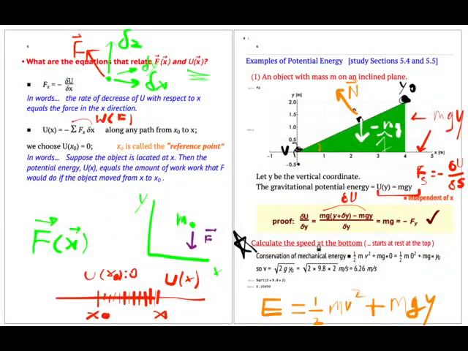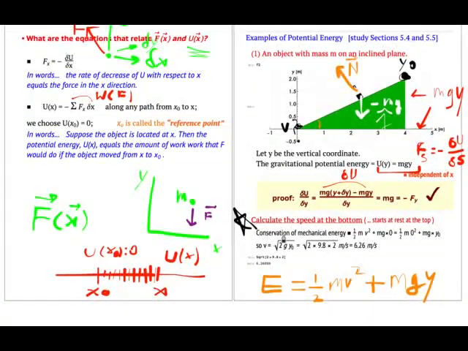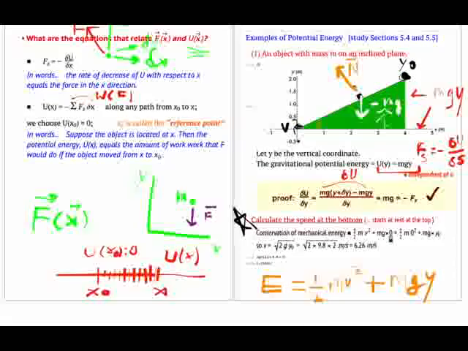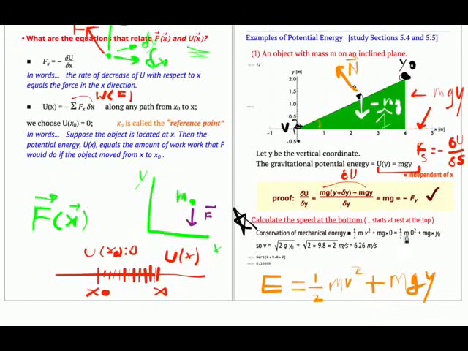Now we'll come back to the conservation of mechanical energy a little later in the video, but let's just use it to answer the question, what's the speed at the bottom? Well, 1/2 mv squared plus mg times y at the bottom, and y at the bottom is 0, is equal to 1/2 mv squared at the top, but v squared at the top is 0, plus mgy at the top.